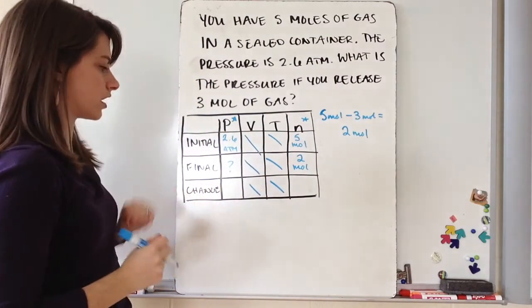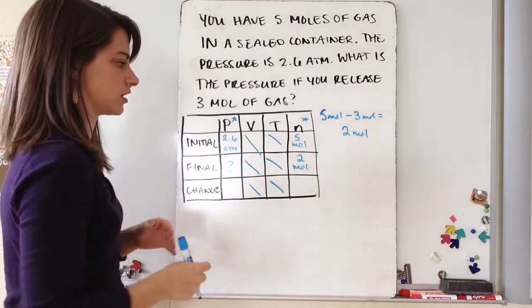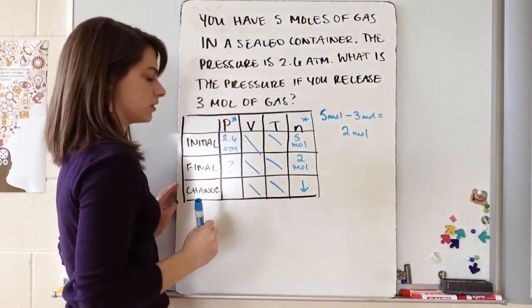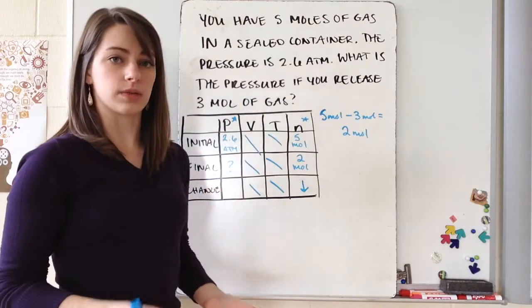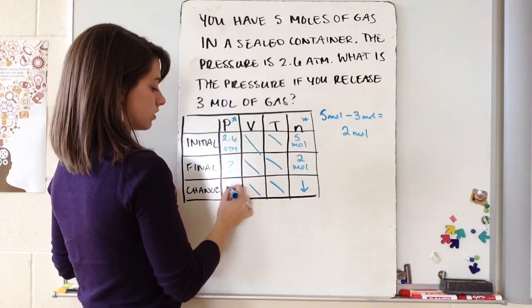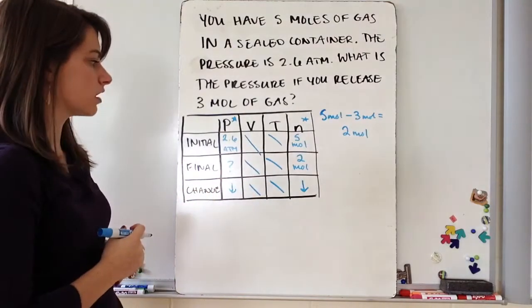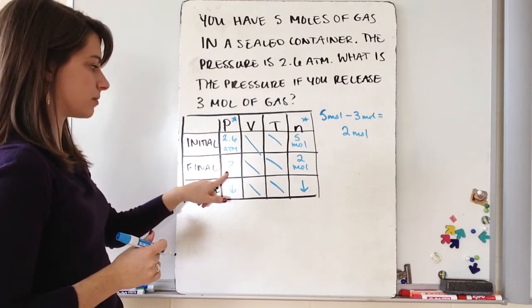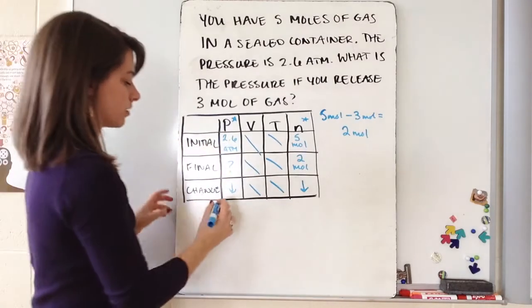Okay, so now we're going to plug in our changes. And remember, we're going to use arrows to do this. So 5 to 2 means that our N is going down. We know that from our relationship, if our number of particles goes down, our pressure is also going to go down. So now when we set this up, since we're looking for pressure, we want pressure to be our final answer, we're going to start with our pressure number.